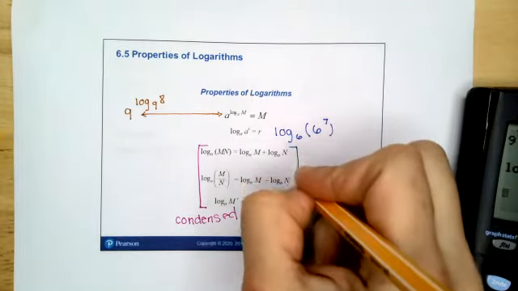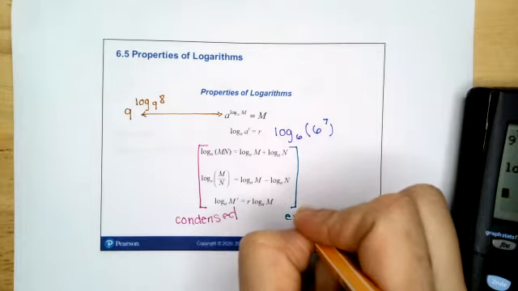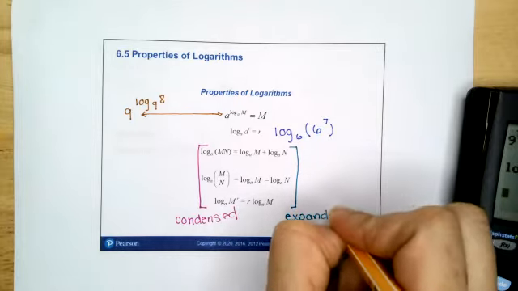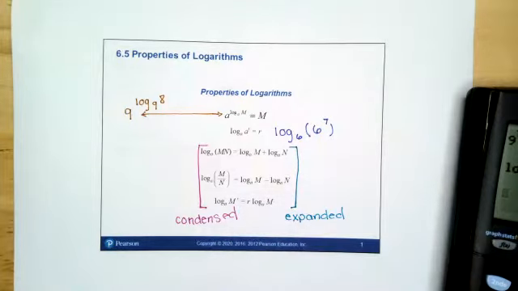These are the expanded form, but they equal each other. We will be able to go between condensed form and expanded form. This leads to the ability to solve more complicated logarithmic functions. And then because we know how to convert between exponential functions and logarithmic functions, we can solve more complicated exponential functions as well.